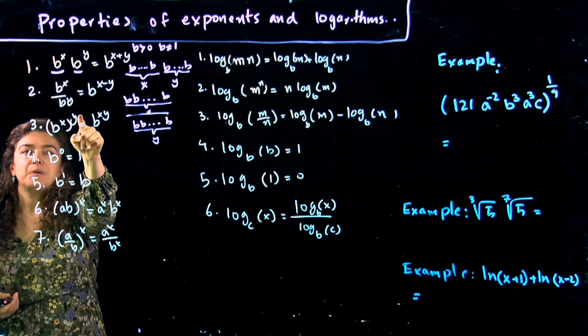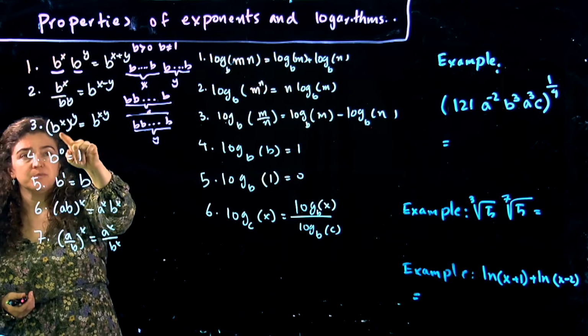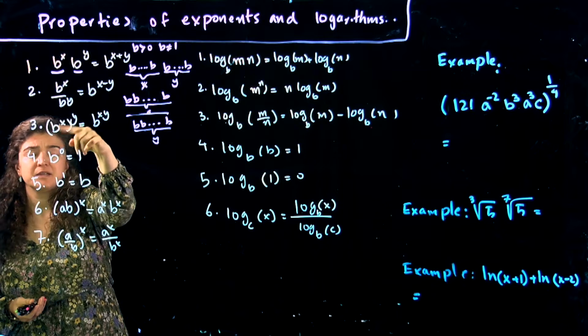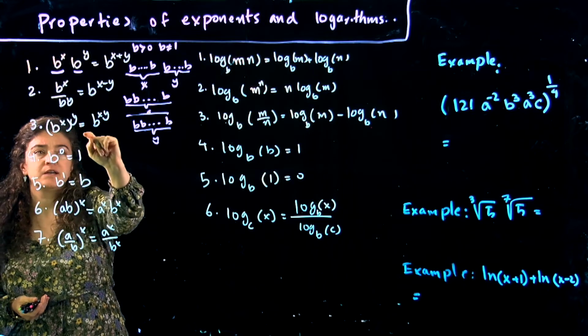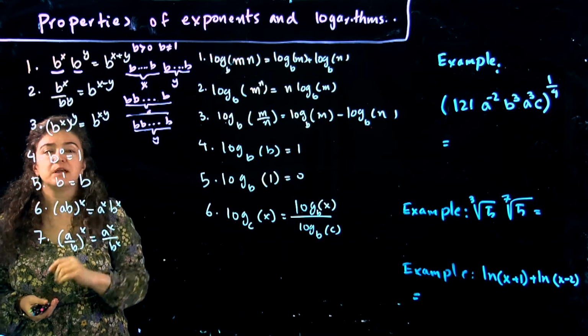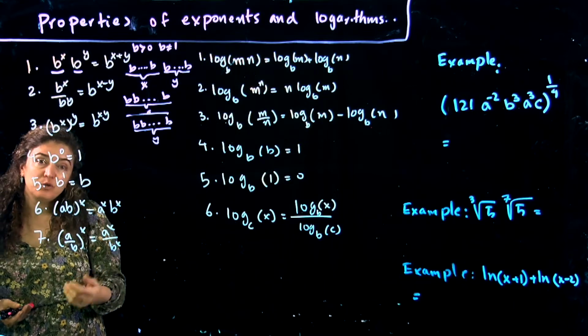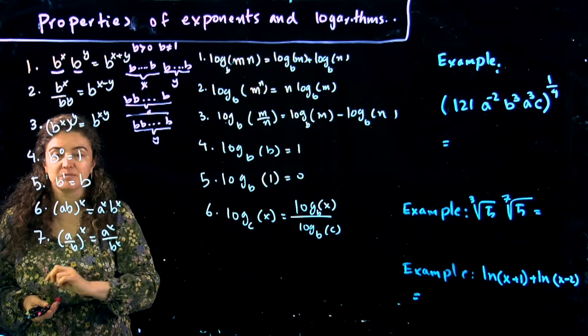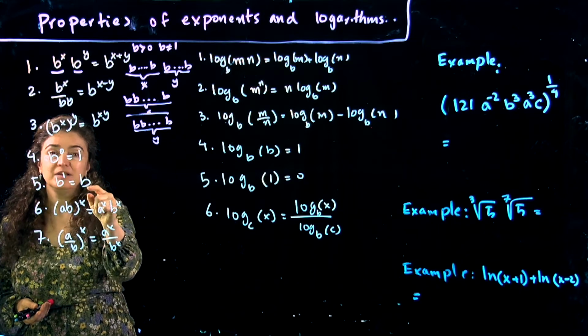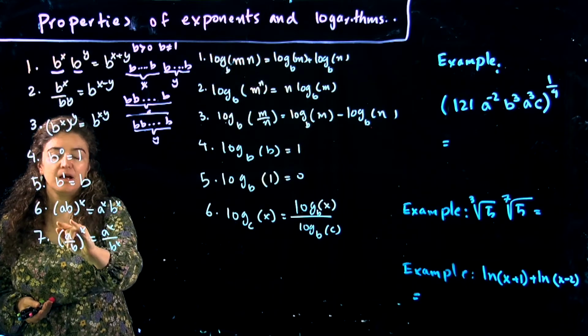b to the power x, to the power y: an exponential raised to another exponent, then the exponents multiply. b to the power 0, and we know that any number to the power 0 becomes 1. b to the power 1 is just b.